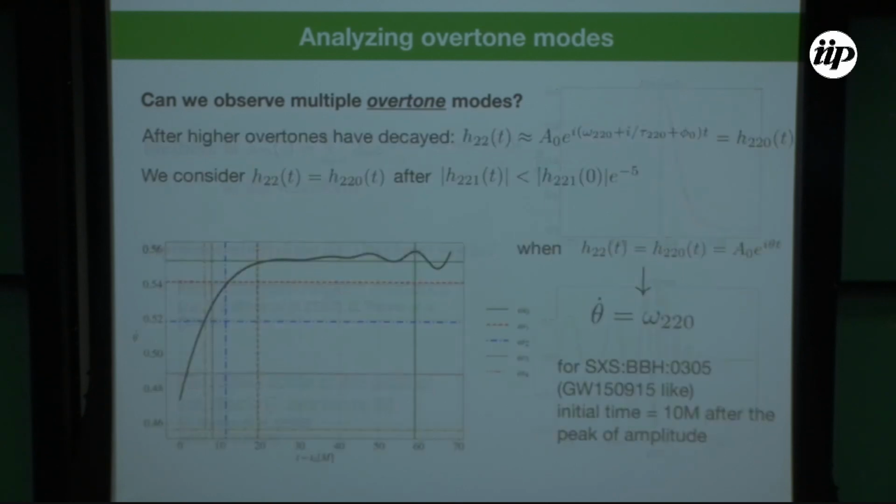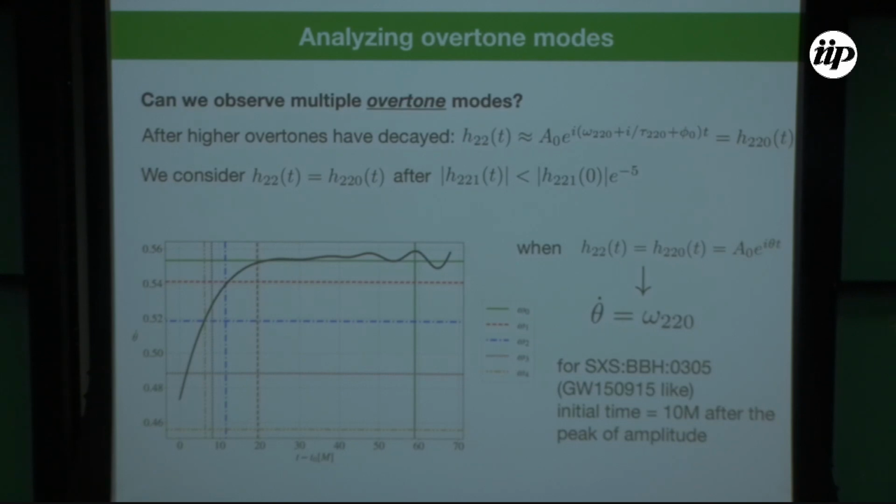But in our work, we take a different approach, where we try to consider a more physical way of deciding when the ringdown starts. We know that the overtones decay faster than the fundamental mode. So there's some time at which only the fundamental mode will be there, because all the other overtones will have decayed. At some time, the waveform will be the waveform of the fundamental mode only.